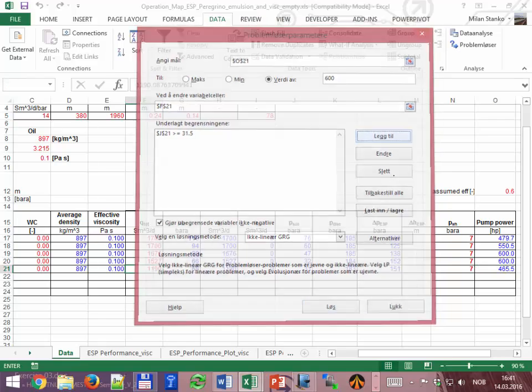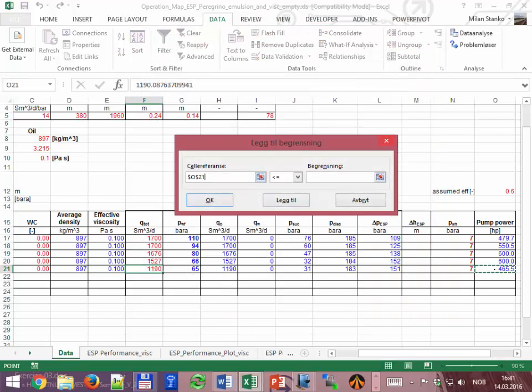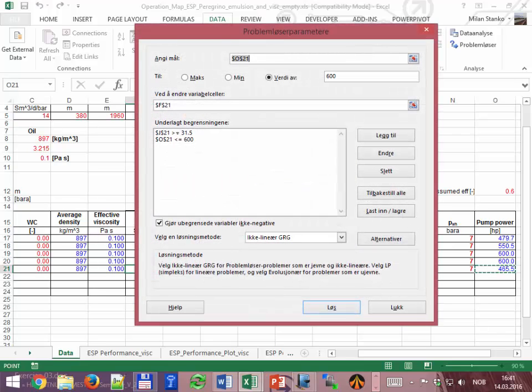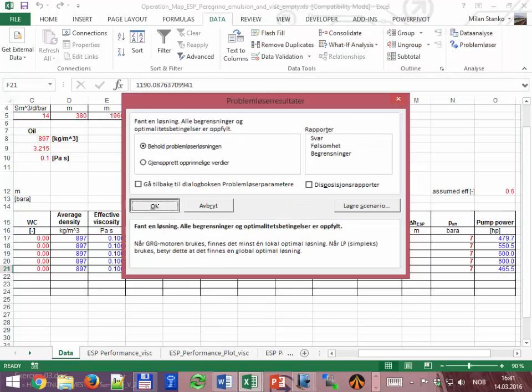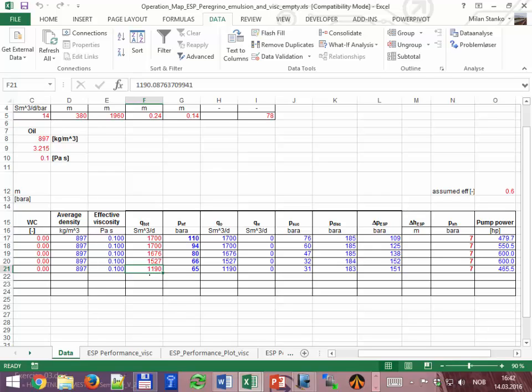So maybe I can say that this number has to be smaller or equal than 600, right? And now what am I maximizing or minimizing? Maximizing the flow rate. Okay, let's see if that works. So I'm actually maximizing the same variable. Would that work? Okay. 31.5.